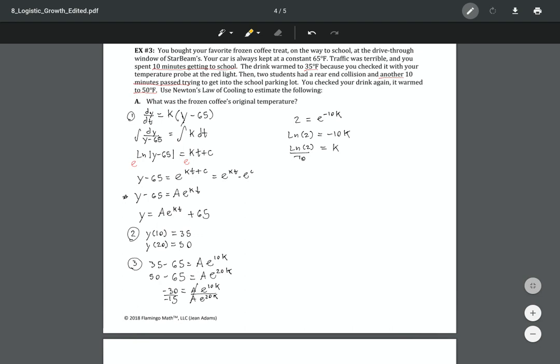All right. So now, to figure out the initial temperature, I'm going to have to go back to this equation and plug that in. So I have y is equal to, I just figured out that I may need to look for a. Okay, I need to know two things. Just realized that.